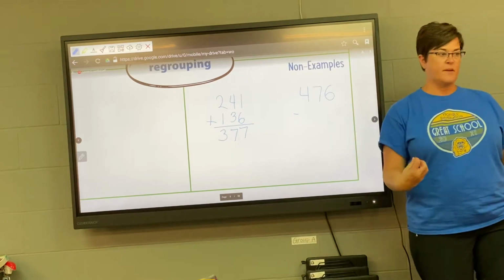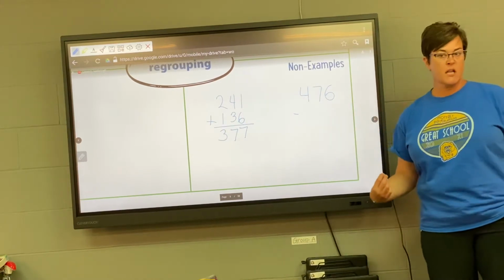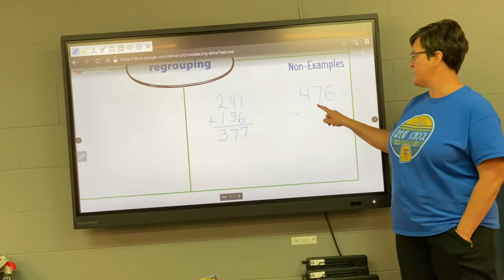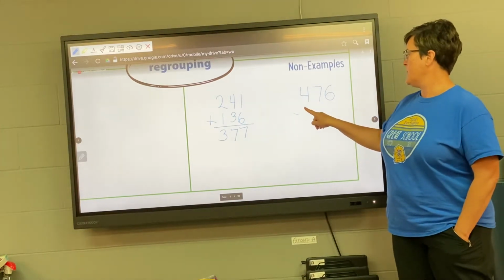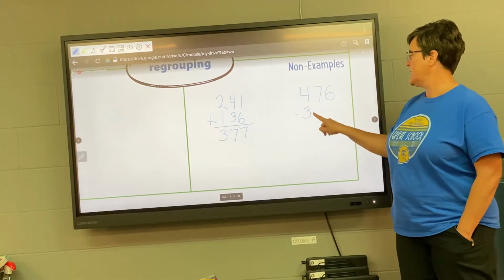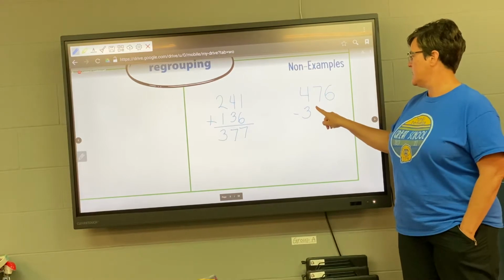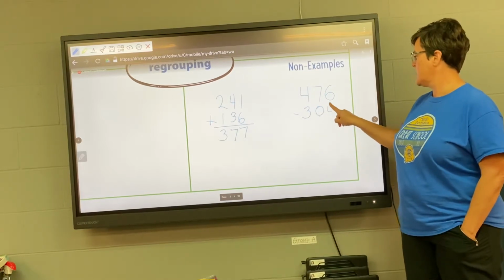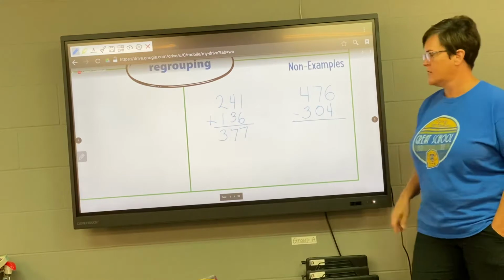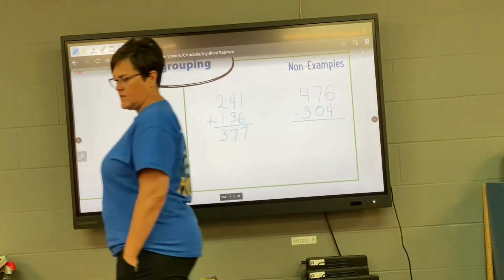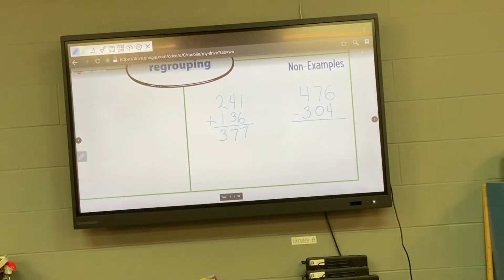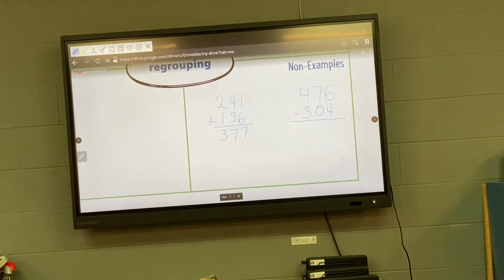I gotta make sure that my numbers are all smaller again here so that I don't have to regroup. 304. Double check, make sure that I did a non-example, that there's no regrouping.